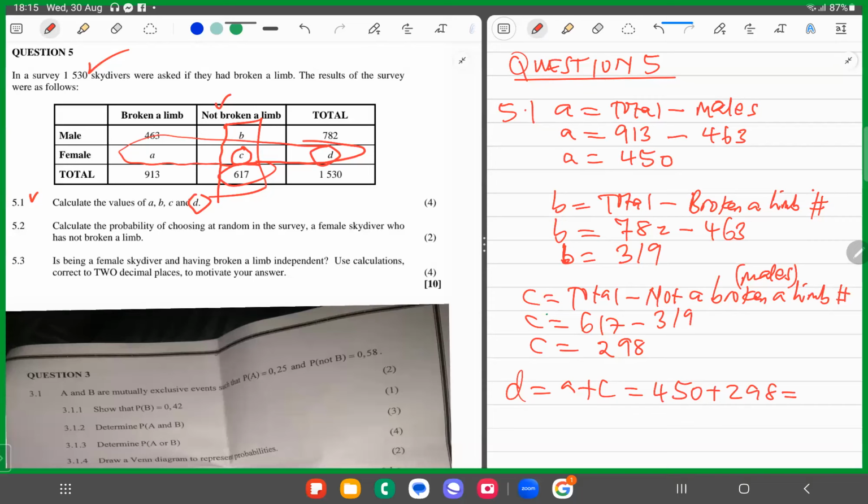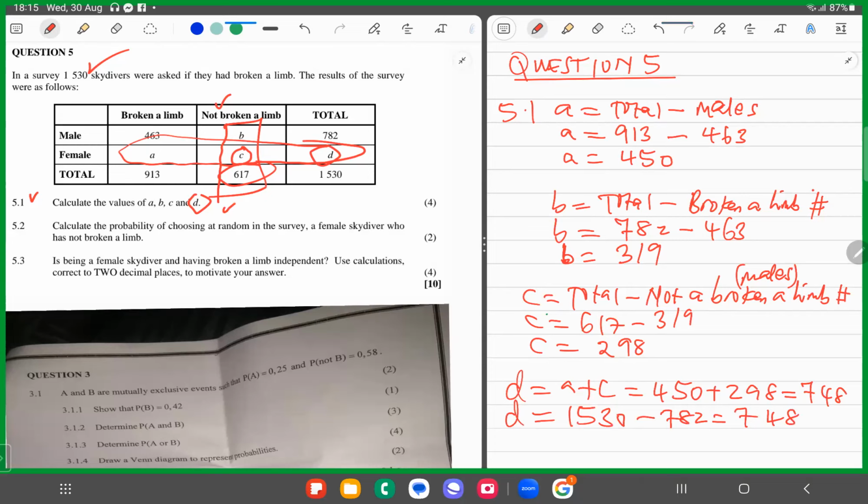What is 450 plus 298? It's exactly 748. Next, D is 1530 minus 782. What is 1530 minus 782? It is also 748. So that gives us another way of finding D.